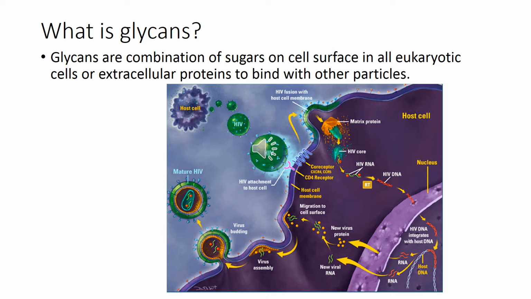Glycans are a combination of sugars on the cell surface in all eukaryotic cells, or on extracellular proteins, to bind with other particles such as this HIV virus, or other proteins, enzymes, bacteria, or other cells.